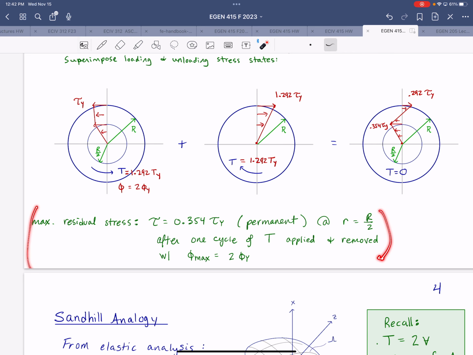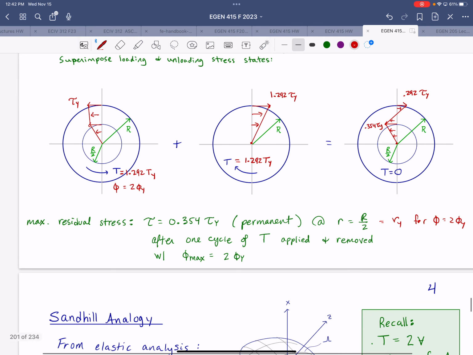I'll give you a minute to write them down for yourself, but our maximum residual stress is that 0.354 that occurred at half the outer radius, which was our yield stress for phi equals 2 phi y. And that is after just one cycle of applying that torque to that point and then removing it.